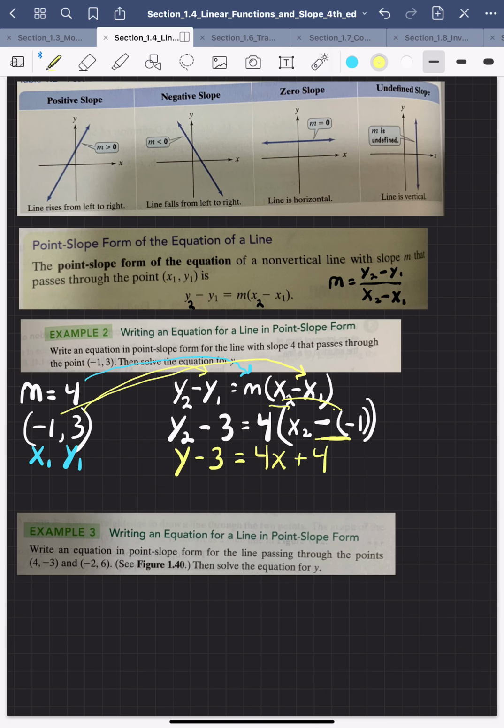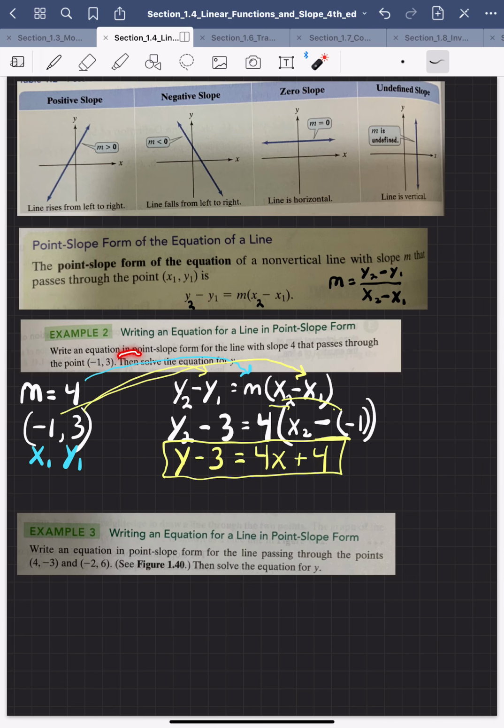Okay, so our job is done at this point. This is what we call the point slope form of the line. And that looks exactly like the definition above.